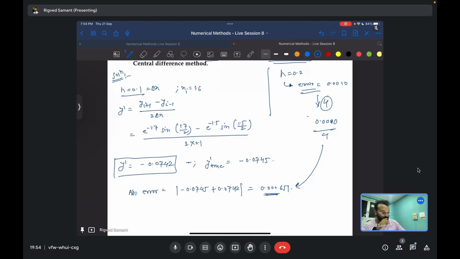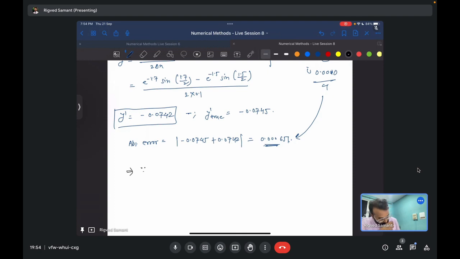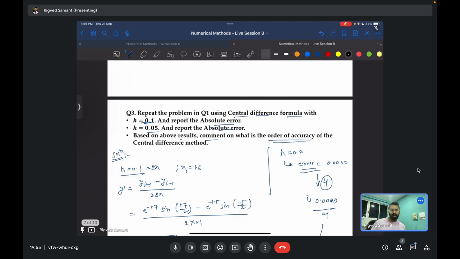This value is the divided-by-4 value of that. So since when h is reduced by a factor of 2, the error is getting reduced by a factor of 4, the central difference formula has second order accuracy, or you can say O(h squared).